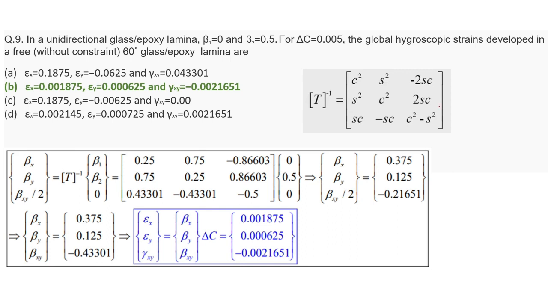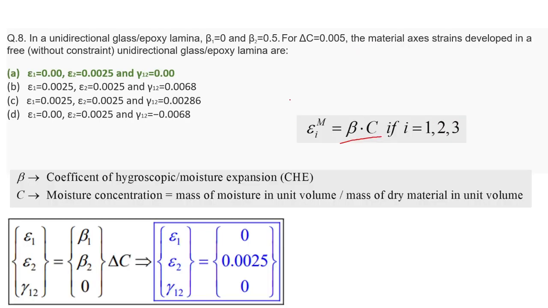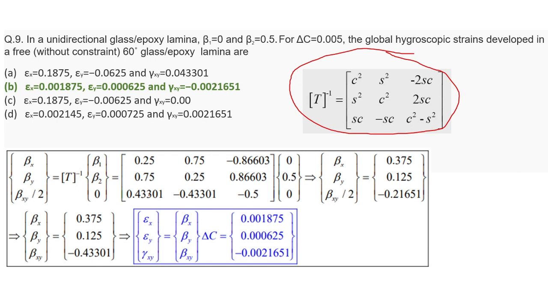This is the transformation matrix that we always use, we know that value. And from the previous question, the strain value is equal to beta into C. So initially we will change the values of beta given to us in the material axis, beta 1 and beta 2, by transforming them into the global axis using the transformation matrix.